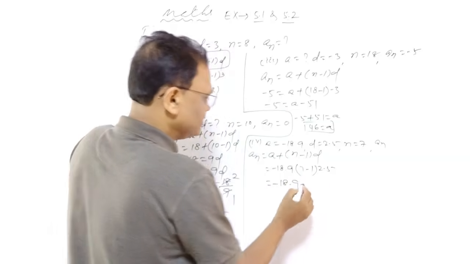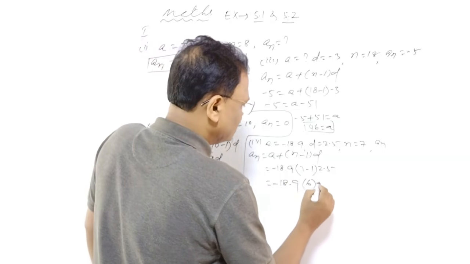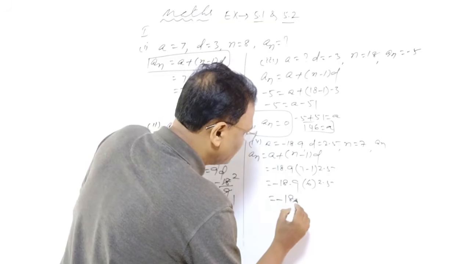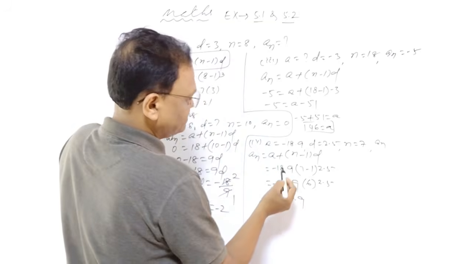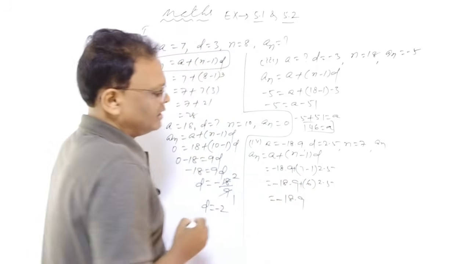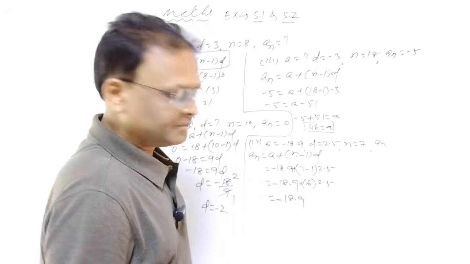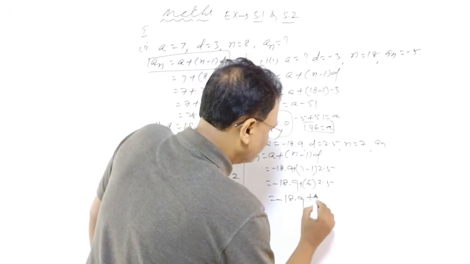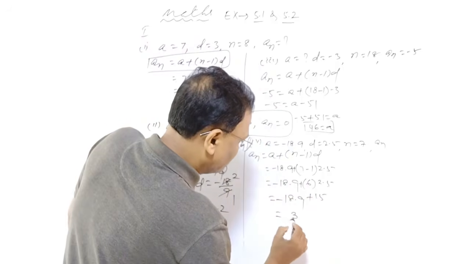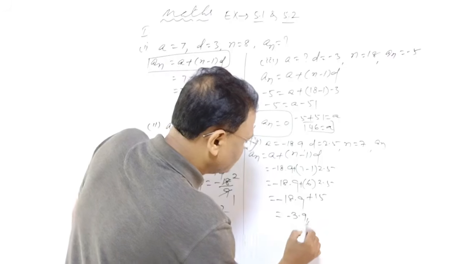Now 2.5 into 6, you'll get 15. And this final answer is minus 3.9.